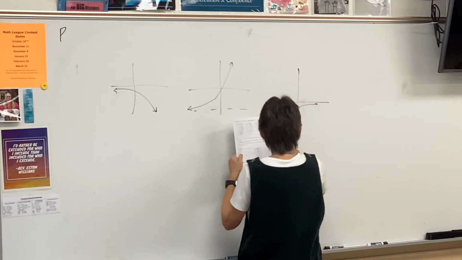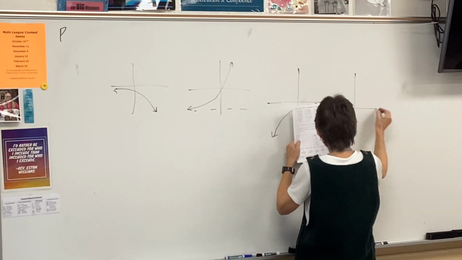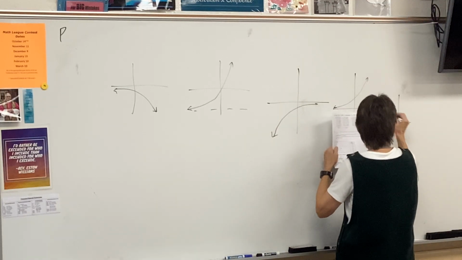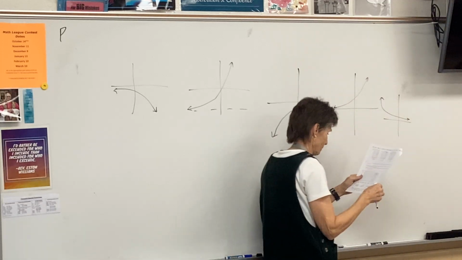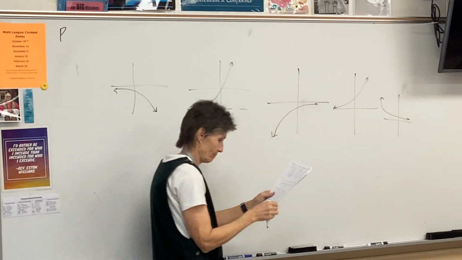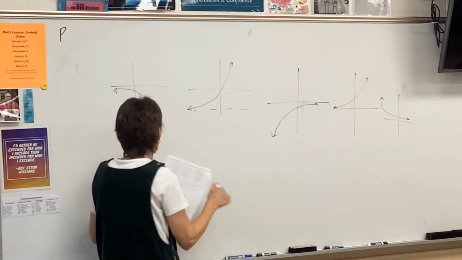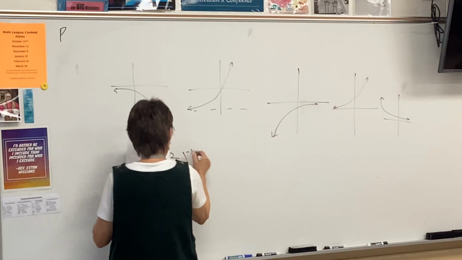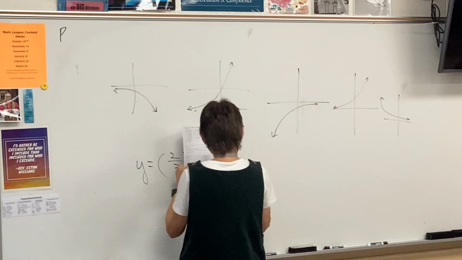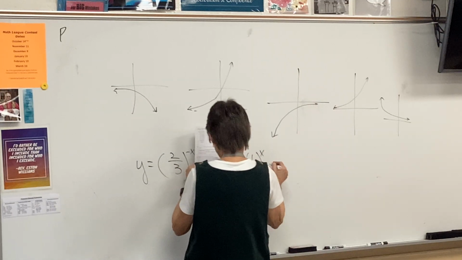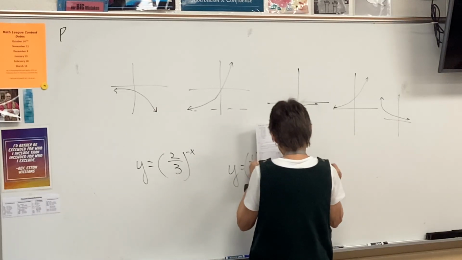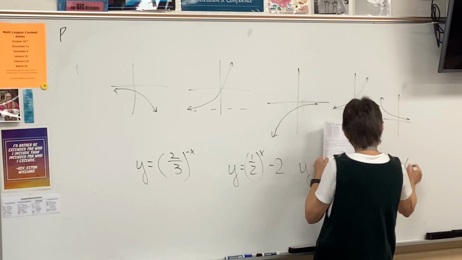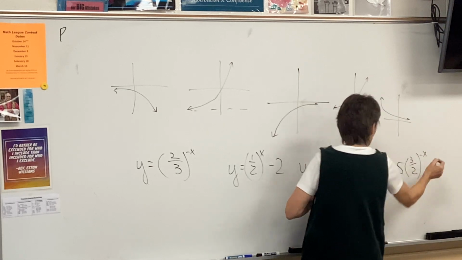If it's not the x-axis, make sure you're indicating where it is. Okay, so we have 2/3 to the negative x. We have 1/2 times negative 3 to the x. And negative 5 times 3/2 to the negative x.